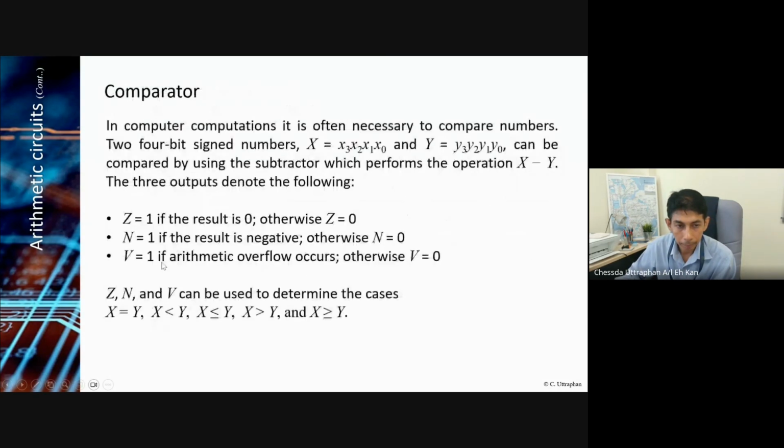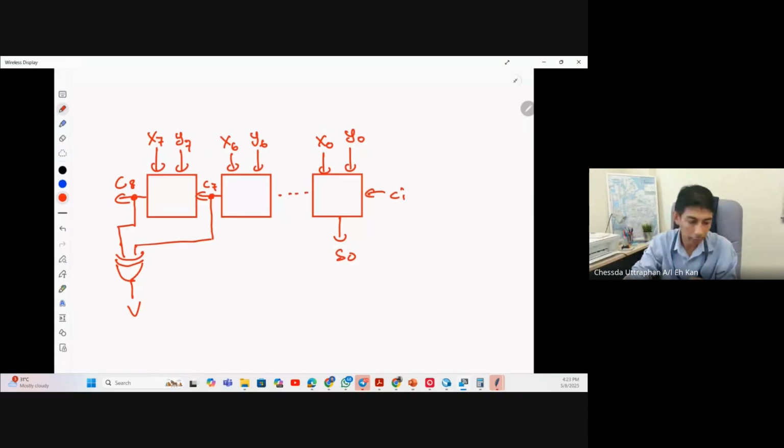Okay, now how to compare number. Comparator is very important in computer, in data system, because we compare number all the time. Okay, for example, when you write a C program, when you write the syntax, for example, if you say if, means that you compare something. Okay, now let's look at this.